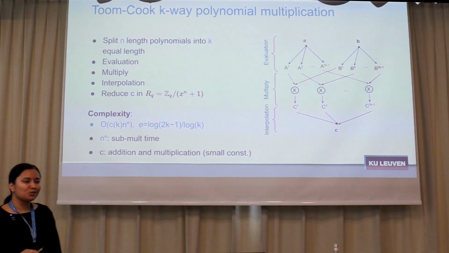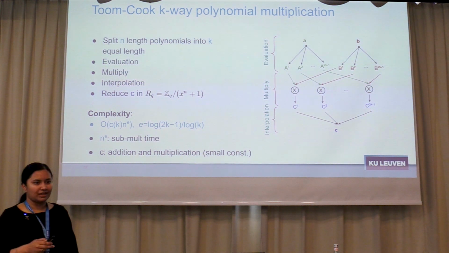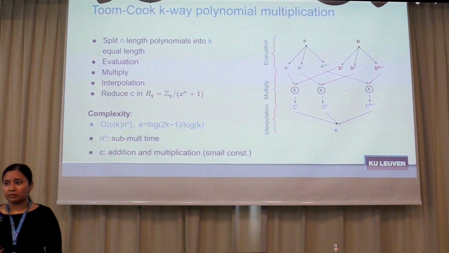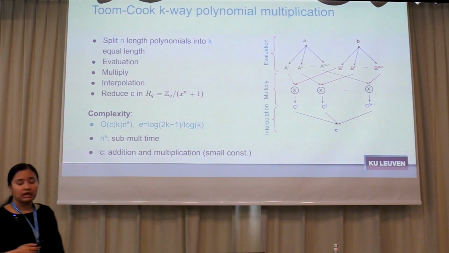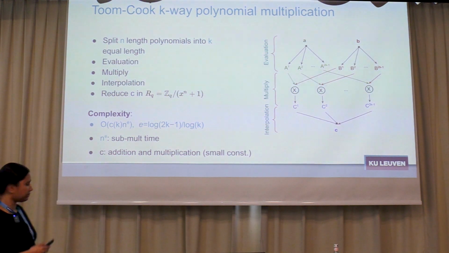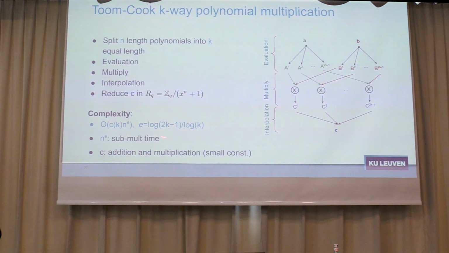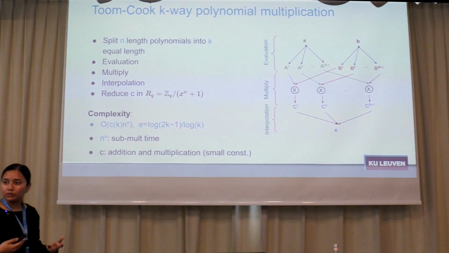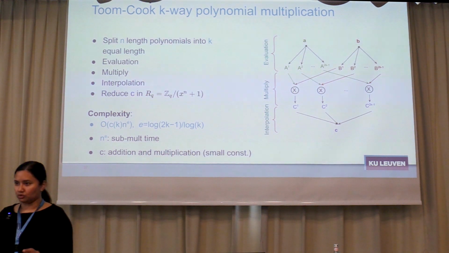It doesn't get you to just n or n log n, but it reduces quite a lot if you use a big number. Even if you use Toom-Cook 4-way or 3-way multiplication, then this number is like n to the power log 5 over log 3, something like that. So it becomes cheaper. We are improving from schoolbook to Karatsuba to Toom-Cook, basically.